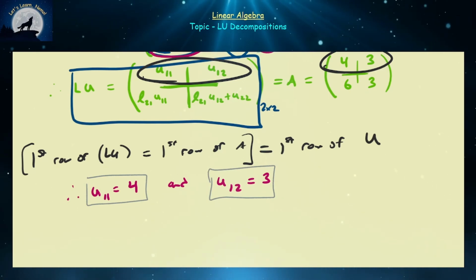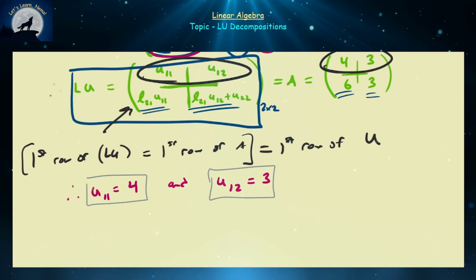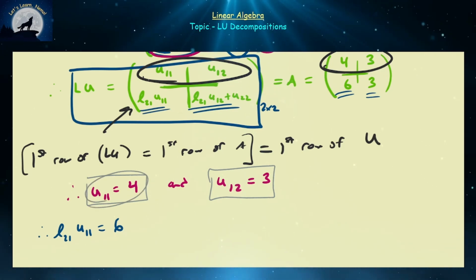Now let us work on the lower row of this particular expression and see if we can find what L2,1 and the others are equal to as well. So from the bottom left-hand corner, what do we have? We're going to have that L2,1 times U1,1 will be equal to 6. Here we have that U1,1 is equal to 4, so we can substitute that and then solve for L2,1.